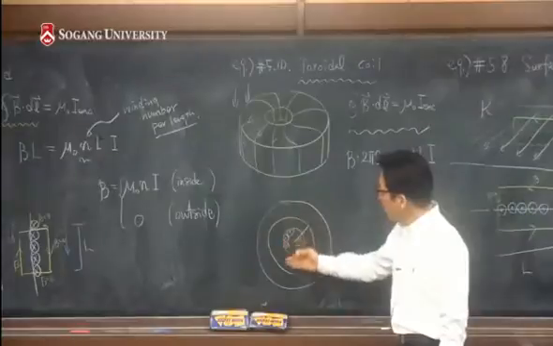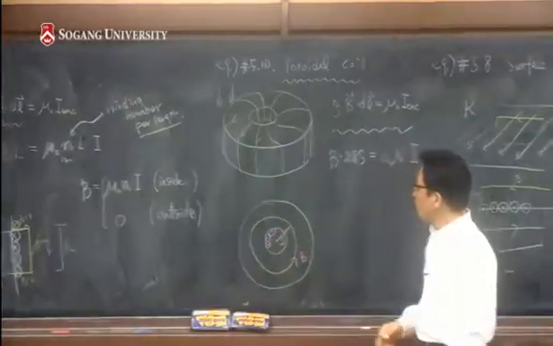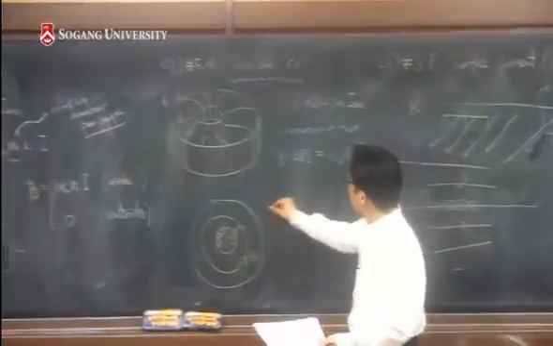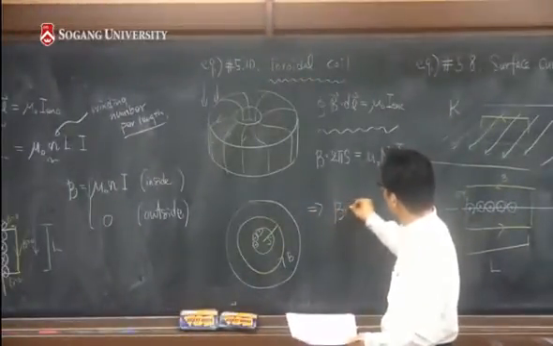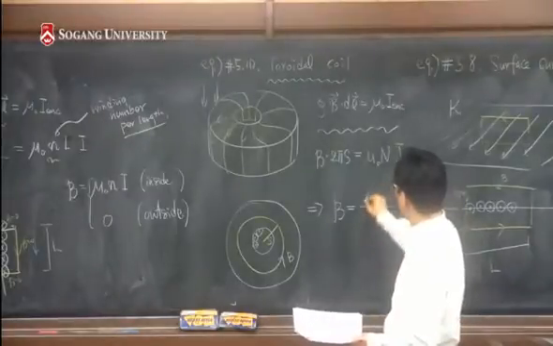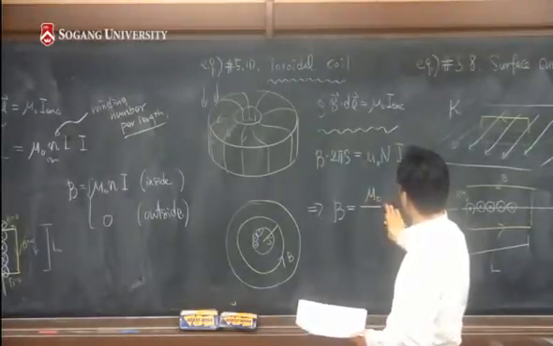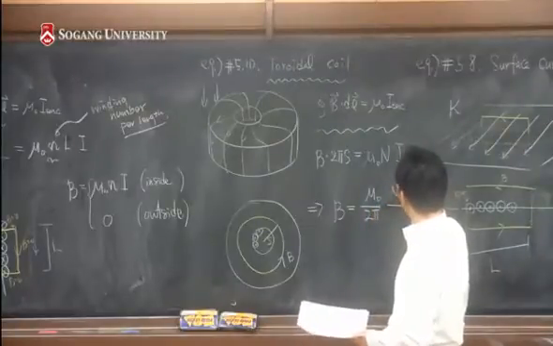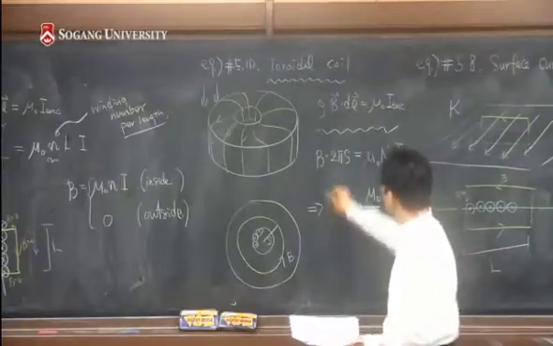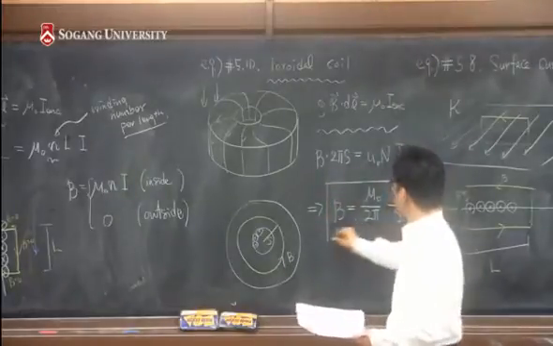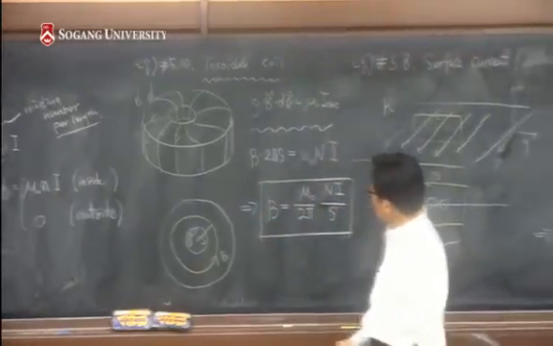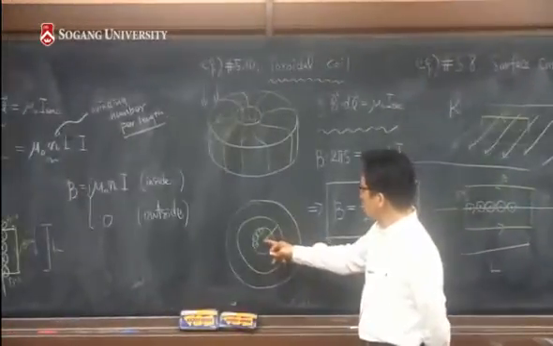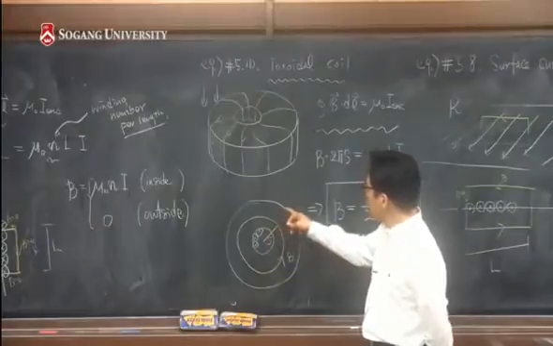From this, the magnetic field will be mu 0 divided by 2 pi, times N I divided by s. So this will be the strength of the magnetic field. The strength of the magnetic field changes continuously from the inner circle to the outer circle, inversely proportional to the distance from the center, in this shape like this.